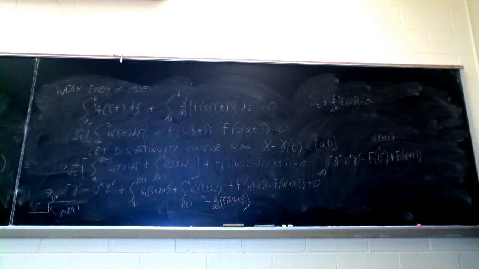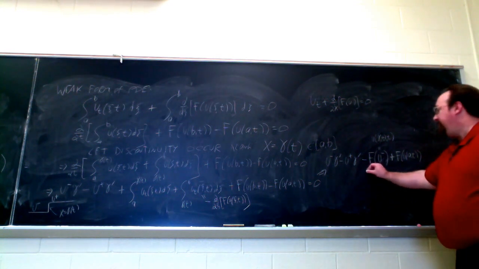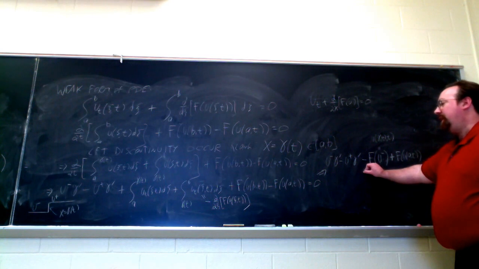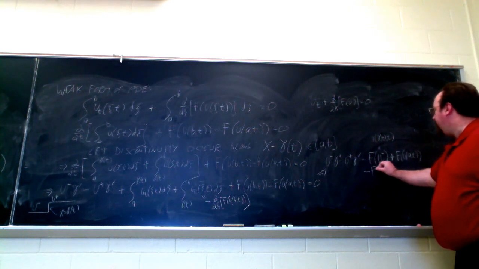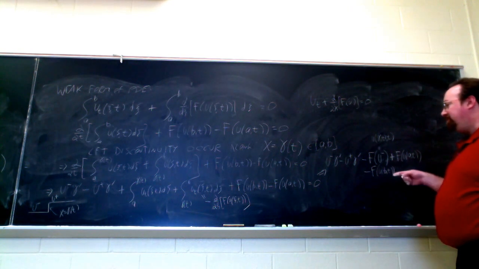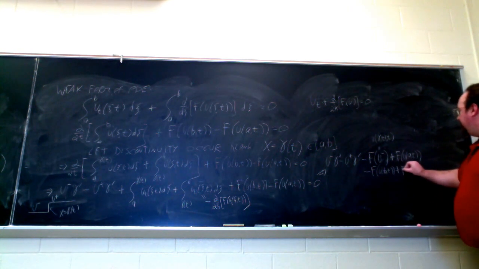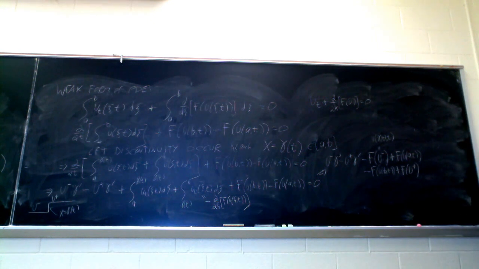So this comes from the first integral, from a to gamma of t. Then I have this again. So I have minus big F of u of b,t. Minus a minus makes a plus, big F of u plus.